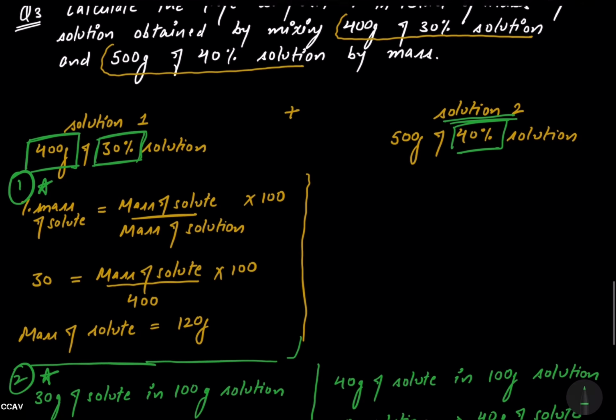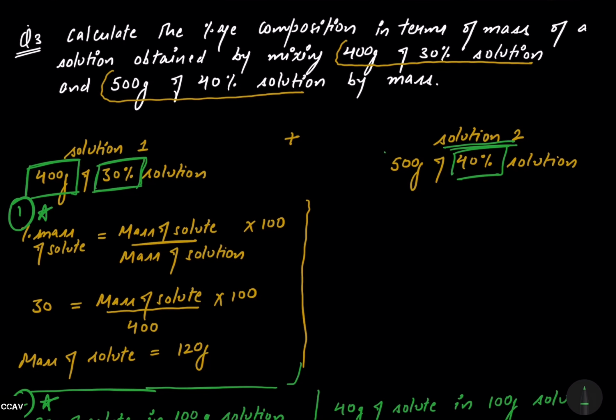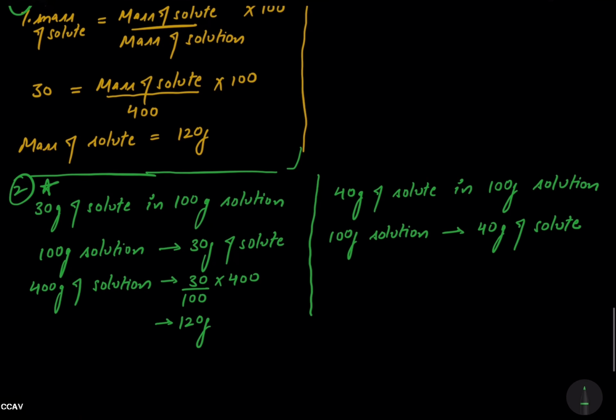Then what's the total mass of solution? It is given, that's 500 grams. Then 500 gram of solution will have 40 divided by 100 into 500. And it comes out to be 200 grams of solute.